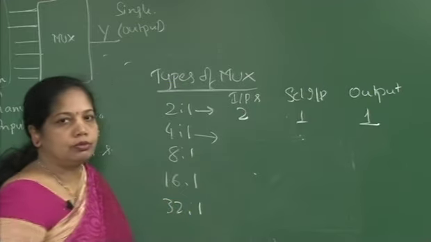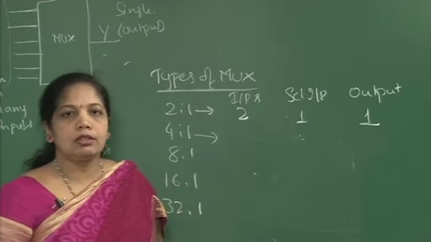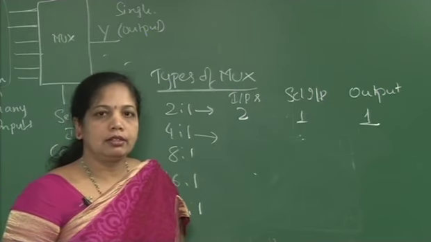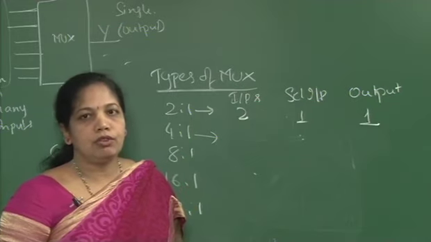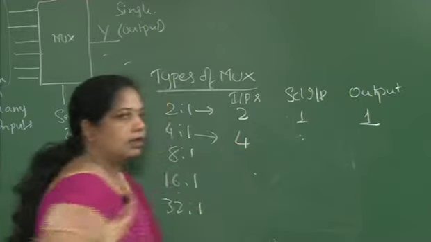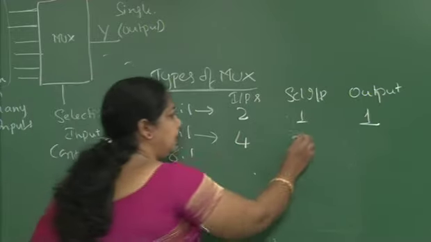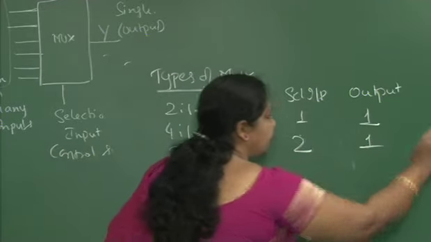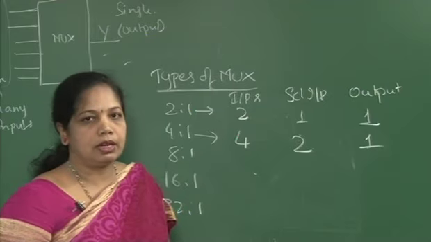Now, we will discuss 4:1 mux. How many inputs will be there? 4 inputs. How many selection lines? 2 selection lines. And how many outputs? Of course, only a single output for a multiplexer.